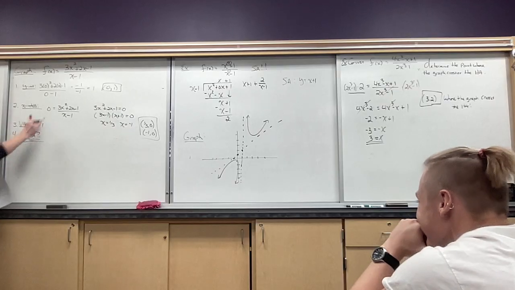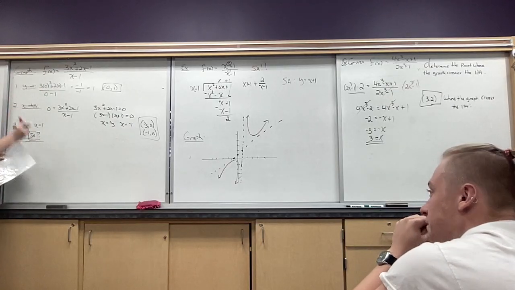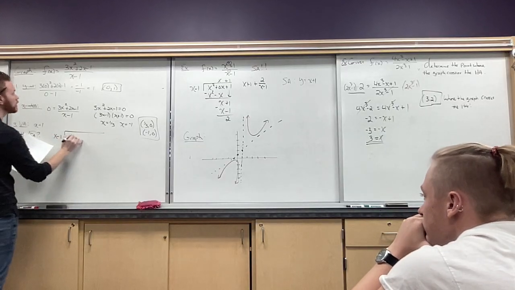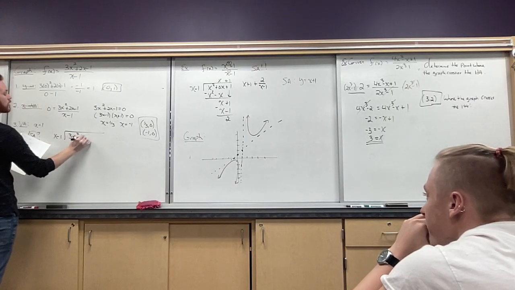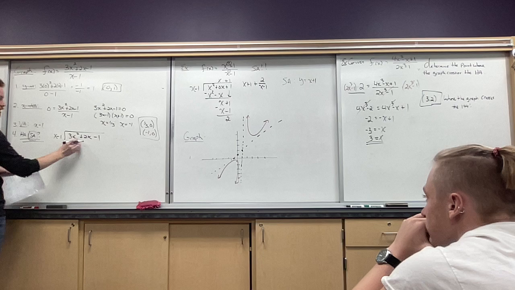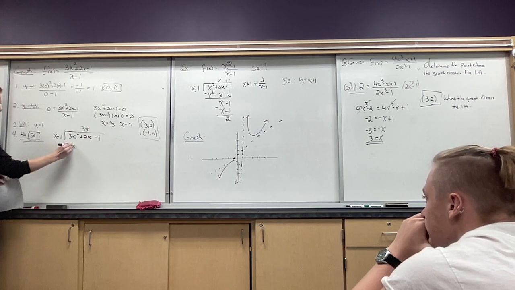Because it has a slant asymptote, let's divide to figure out the equation for it. So let's do a little division: x minus 1 going into 3x squared plus 2x minus 1. First would be a 3x, because that gives me a 3x squared.